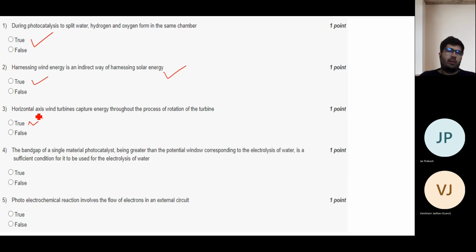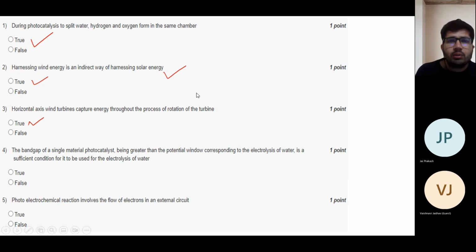If the potential is more, it is not only the sufficient condition that the electrolysis will happen, because the conduction and valence band should be such that 1.23 volt is coming in between both. Then only the electrocatalysis will happen.